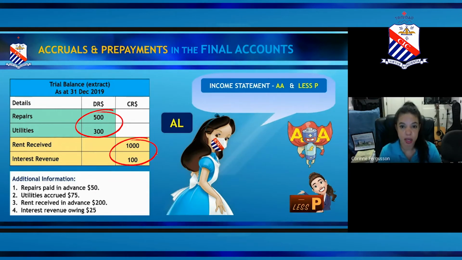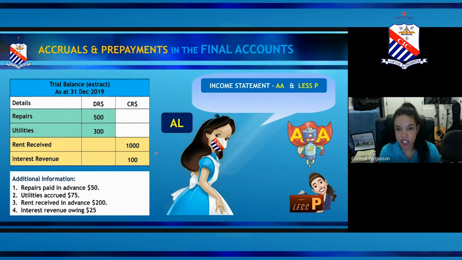Add accruals, AA batteries, Batteryman. And then you do the opposite for prepayments, it would be the less prepayments. And in that case, you have Fergie, right? So less prepayments. So remember those two people.